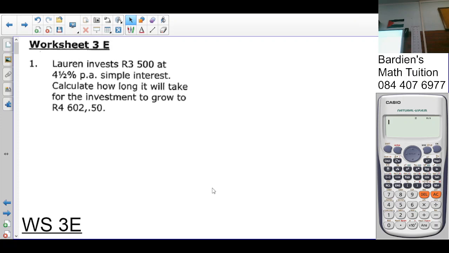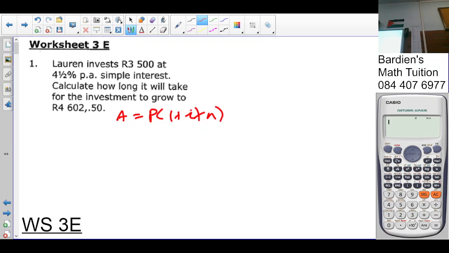Which formula do we use? A is equal to P into 1 plus I times N. This is the simple interest formula.